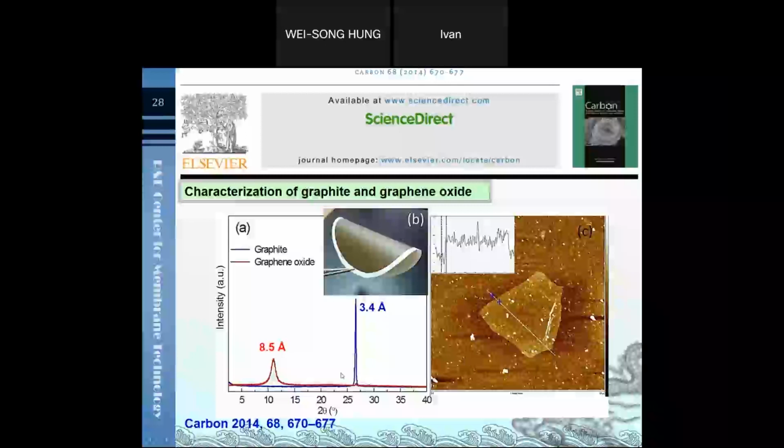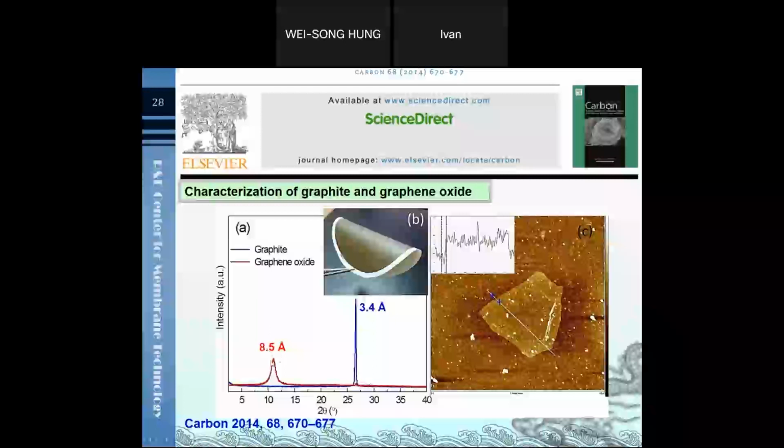So here, based on the first topic, we identify the characteristics of the graphene oxide. From the XRD below, it shows that the graphene oxide d-spacing is about 8.5 angstrom, and the graphite d-spacing is 3.4.